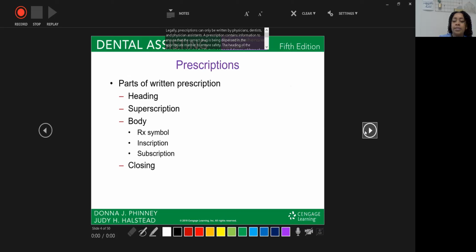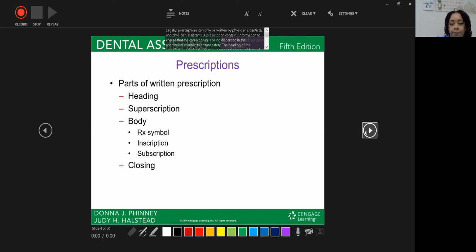Now, prescriptions, this is a very important part of our jobs. I like to get into it because we always want to cover our backs when it comes to legally filling out a prescription. Prescriptions can be written by the physician, the dentist, or a physician assistant. Prescriptions contain information that assures you're giving the correct drug and the correct amount to a patient.